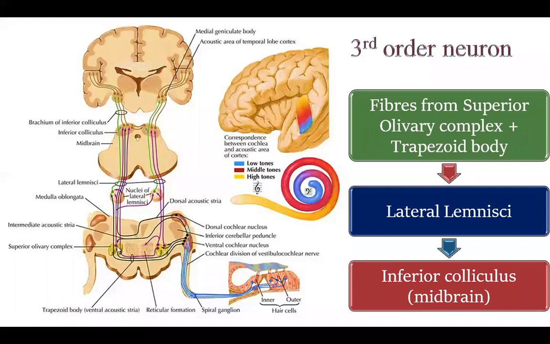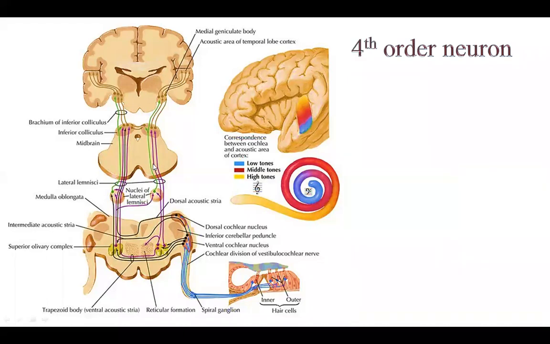That is, fibers from the superior olivary complex plus the trapezoid body will enter the lateral lemniscus, and from here they will reach the inferior colliculus. So superior olivary complex plus trapezoid body both form the lateral lemniscus, and from here they end at the inferior colliculus, which is located in the midbrain.